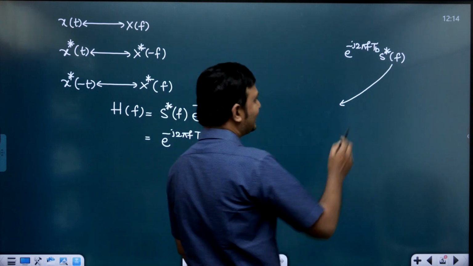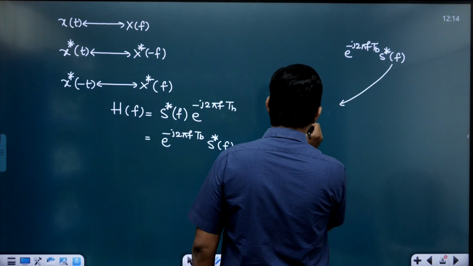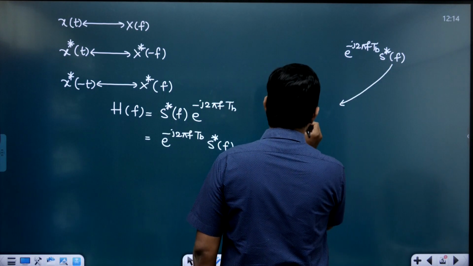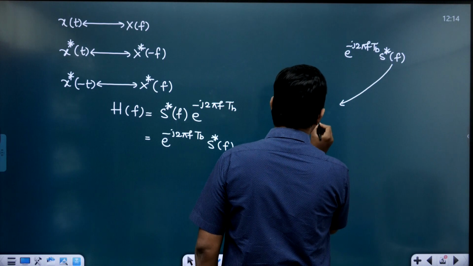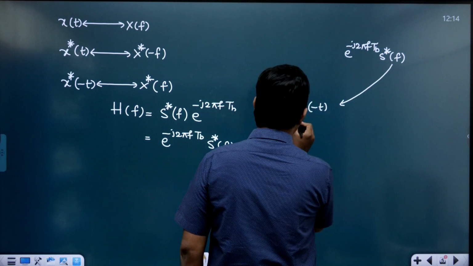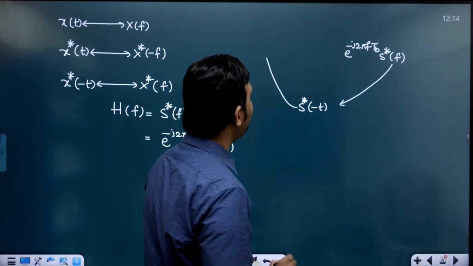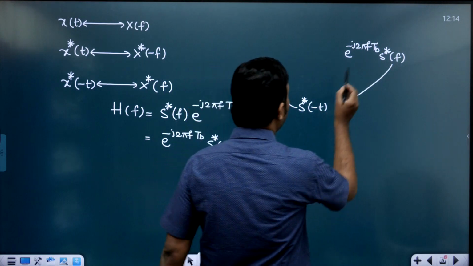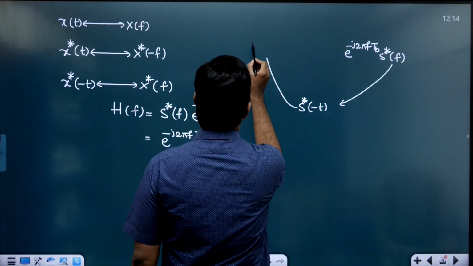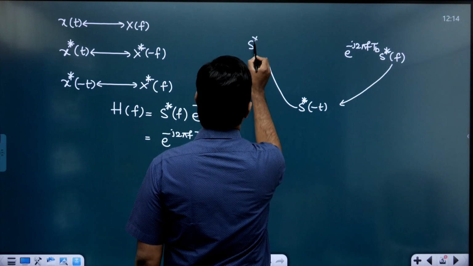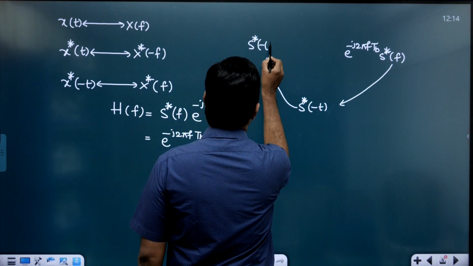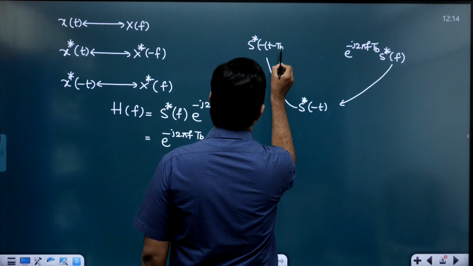So the inverse of S star of f would be s star of minus t. In this, wherever you have t, replace it with t minus t naught. But in the place of t naught, I have tb. So s star of tb minus t.